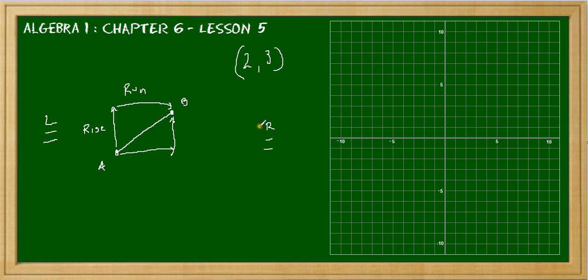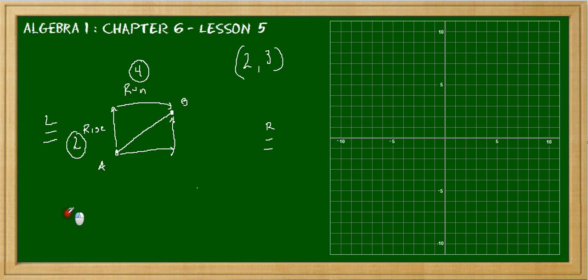Be very careful with this, because if we do run, rise, the slope changes. Let's say the rise were 2 and the run were 2. Actually, that's not a good example because we'll get the same answer either way. But let's do 2 and 4.